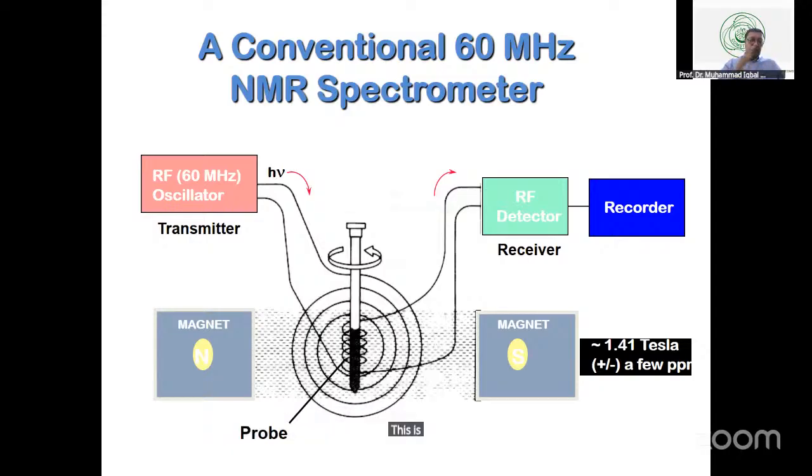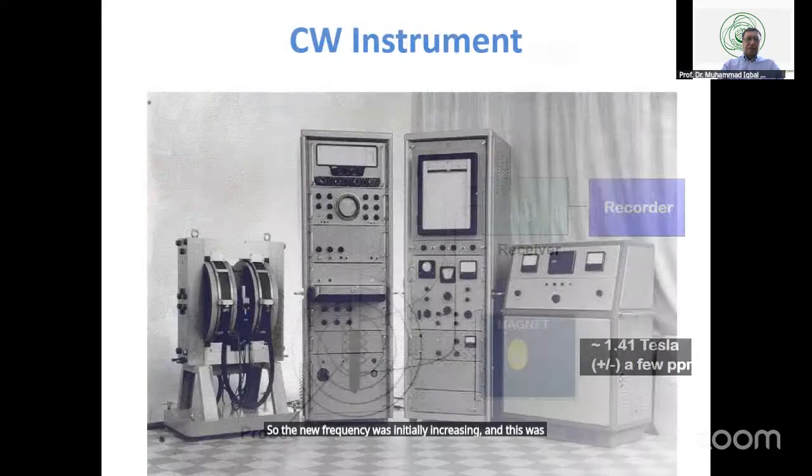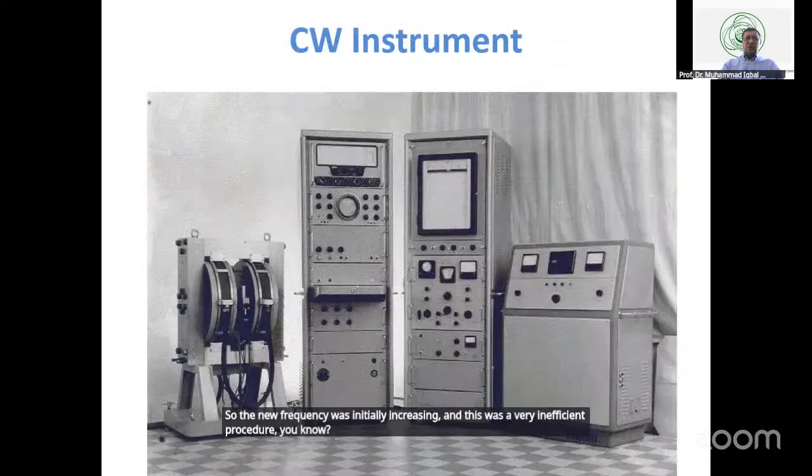The term used in NMR spectroscopy is called sweeping, radio frequency sweeping. Sweeping is like, you sweep, like sweeping with a broom. So radio frequency was initially increasing, and this was a very inefficient procedure. It was a torture.